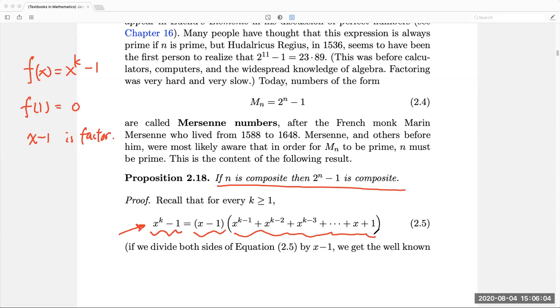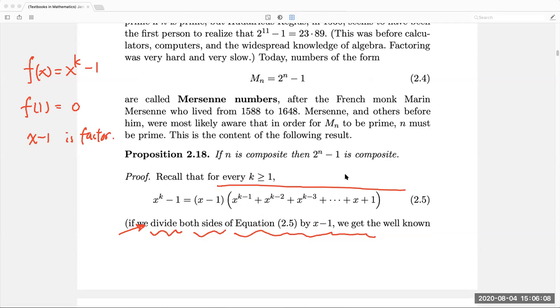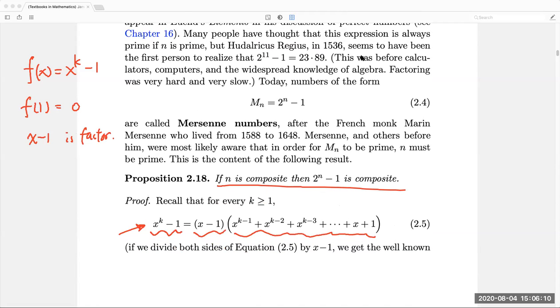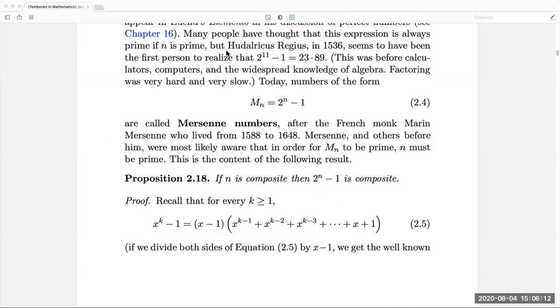Okay. Then, what happens if you put x equal to 2? So you get 1 here, okay? So you get this one.